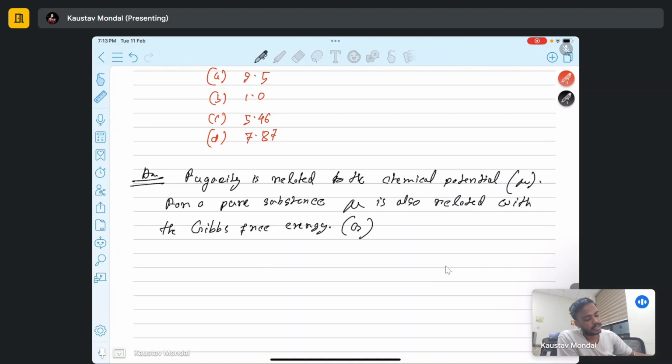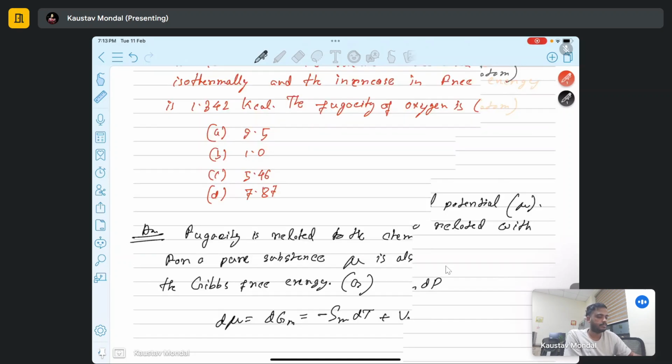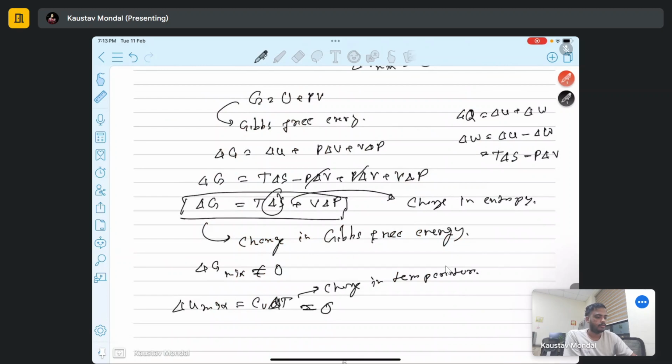So basically it is related like this: d mu equal to dGm, and dGm, I'll explain how this m in the suffix is coming, is equal to Sm dT minus Vm dP, that we have already discussed here, right? This expression I've already written.